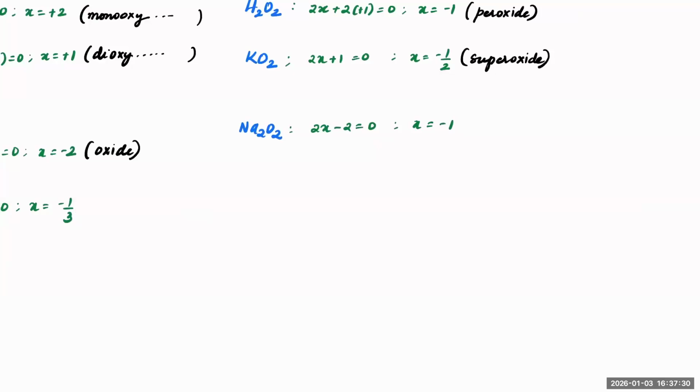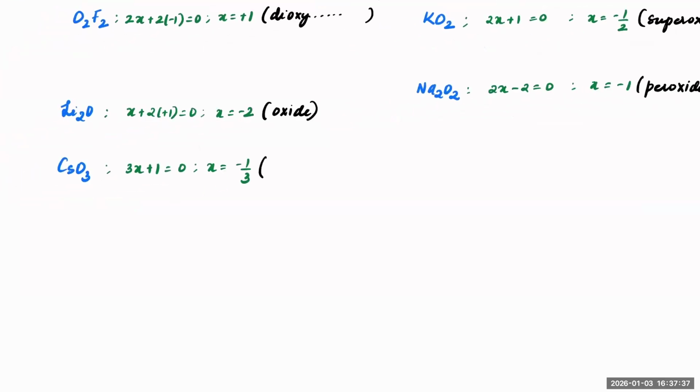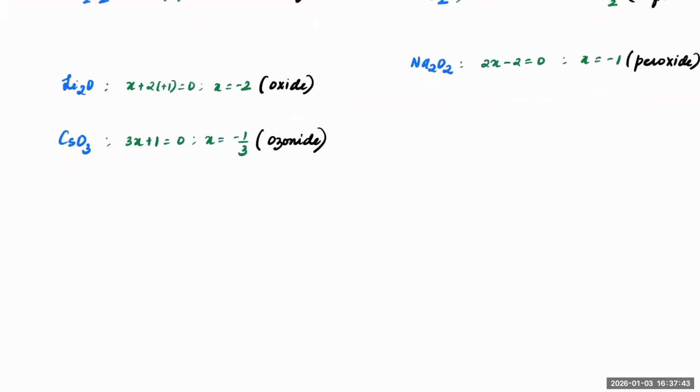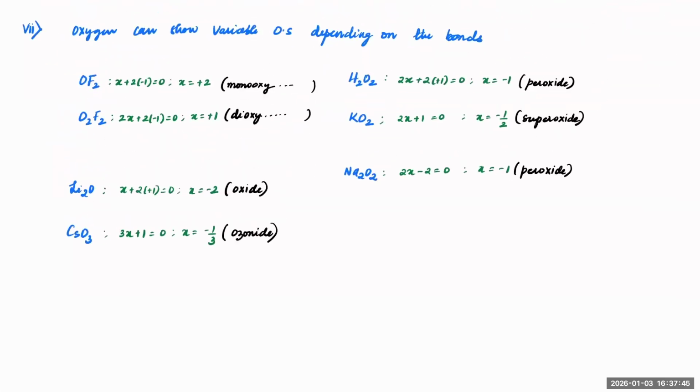Here also it is peroxide. When it is minus 1 by 3, it is called ozonide, so cesium ozonide. Got it? So you could notice that the oxidation number has so many variations, right?